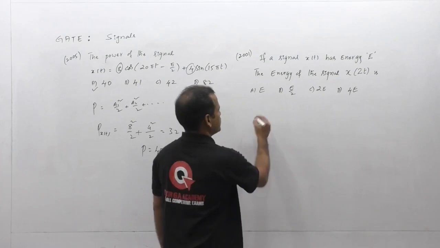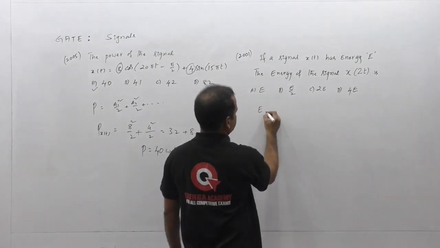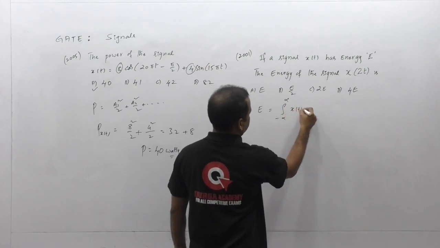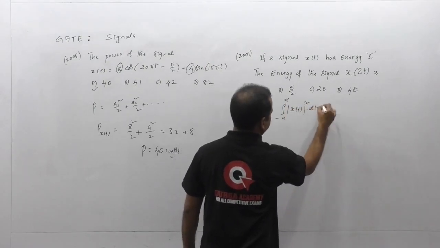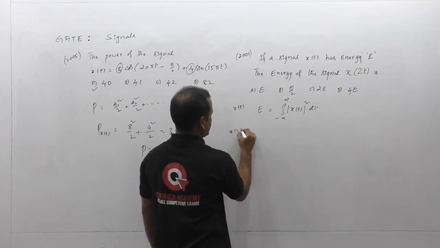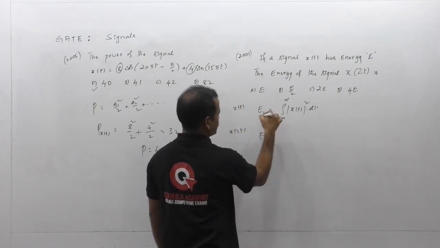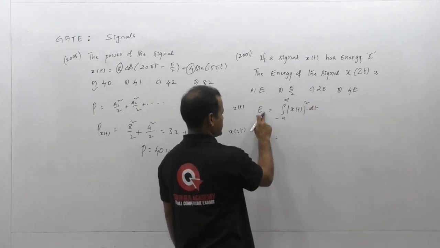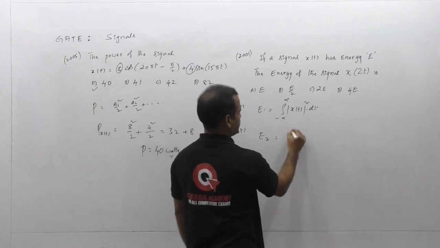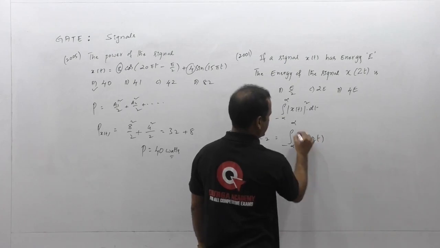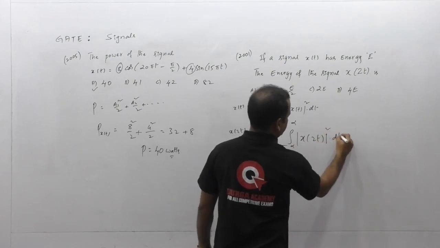So let us take the energy of x of t, that is integral from minus infinity to plus infinity of x of t magnitude squared dt, and the energy of x of 2t. Let us take the first as E1 and the second as E2. Of course it is given that this is E, so E2 is equal to integral from minus infinity to plus infinity of x of 2t magnitude squared dt.